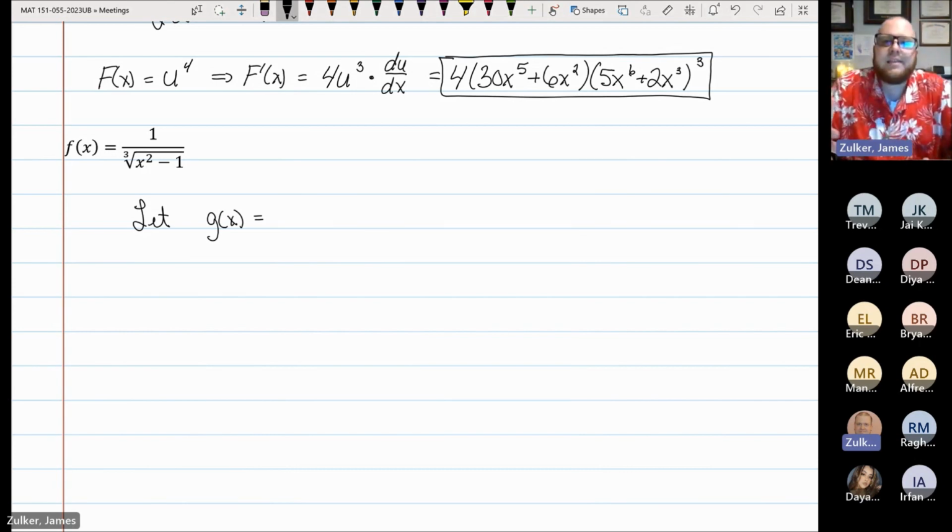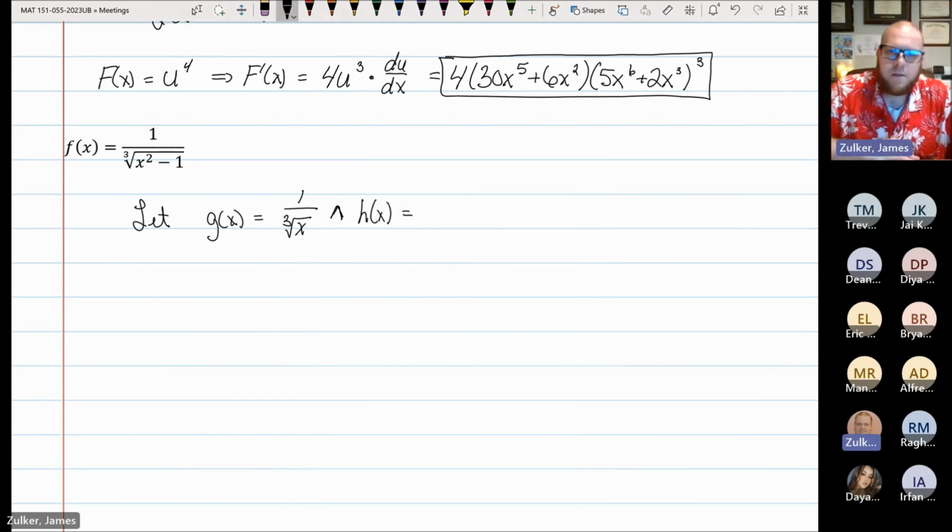Let's say g of x is our outer function, 1 over cube root of x. Let h of x be the inner function, x squared minus 1.